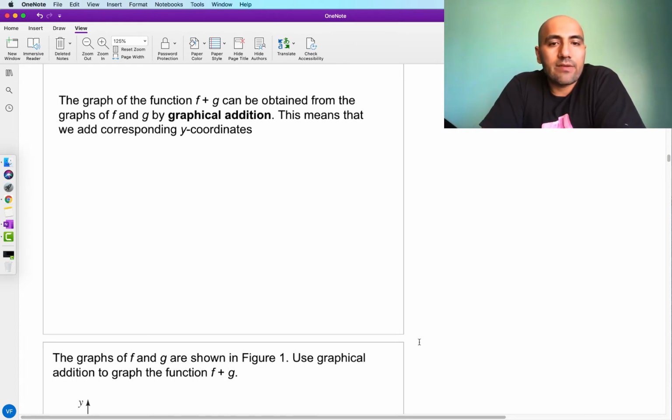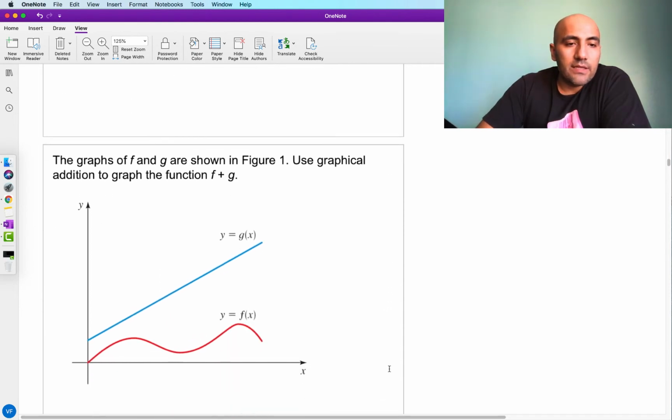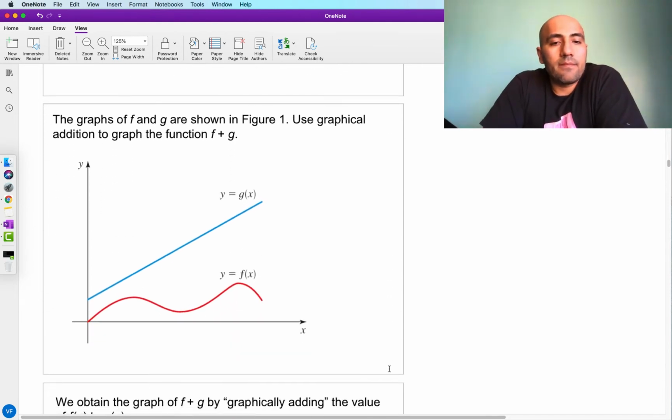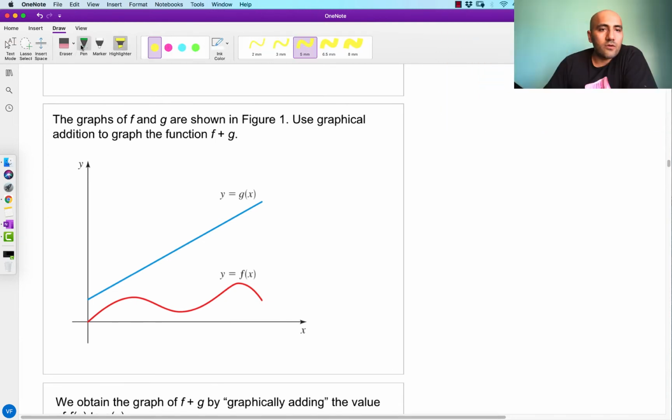Okay, the graph of a function f plus g can be obtained from a graph of f and g by graphical addition. This means that we add the corresponding y coordinates. So for example, let's say that we have a g of x function defined by this blue line, and we have an f of x function defined by this red line, and we wanted to add them together and find the graph of the result of this new function.